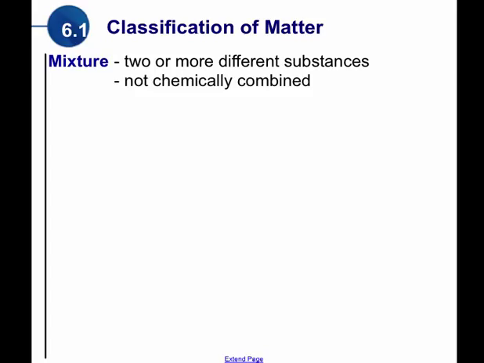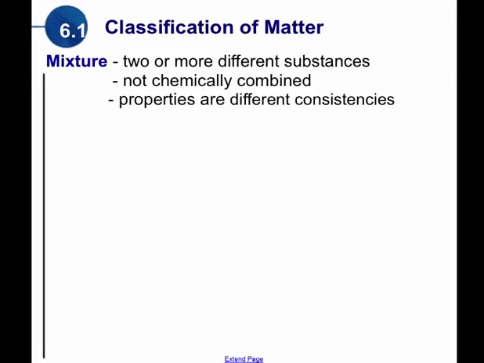And depending on how much of the two substances we mix together, they could have different consistencies. An example of this is sugar and water. If we add more sugar to the water, we'll have sugary water. If it's less, it would be less. Different consistencies.